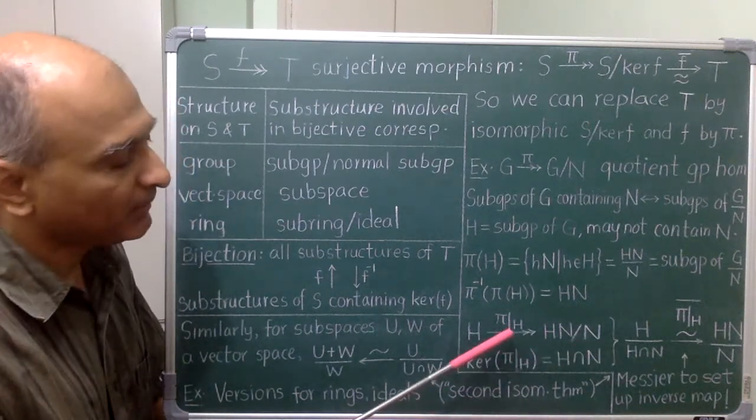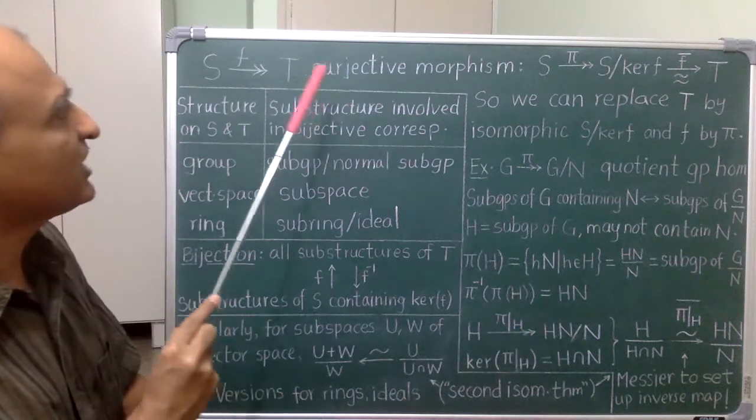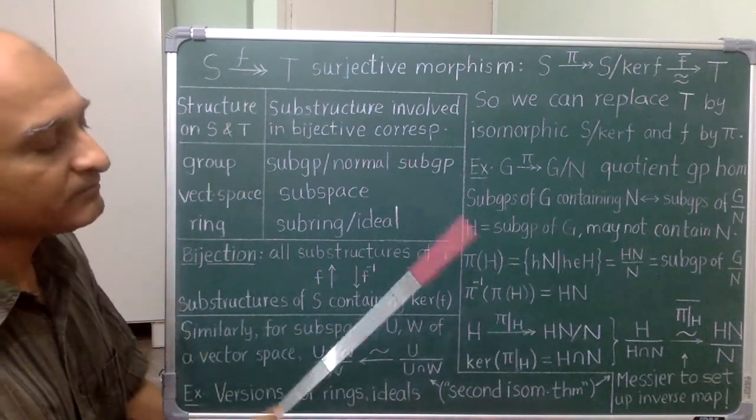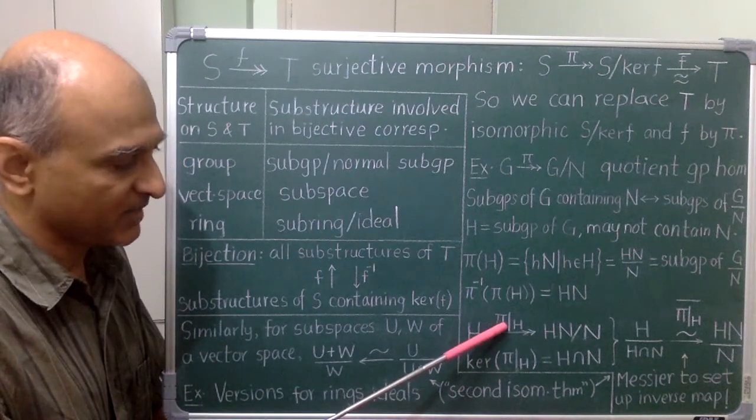Now, I can apply the first isomorphism theorem to this surjection, just as I did to F. To do that, I need to identify the kernel of this map.